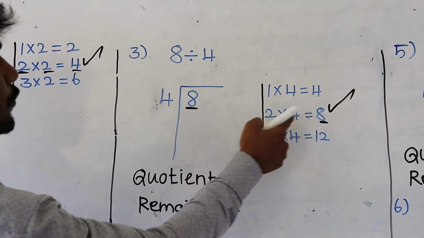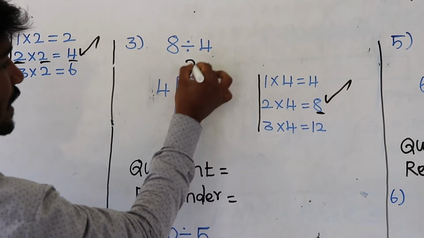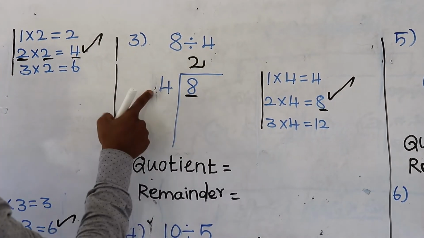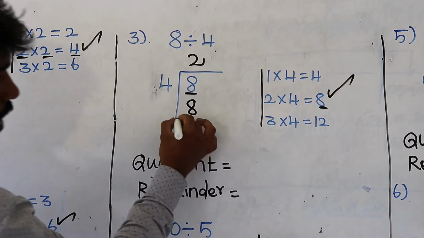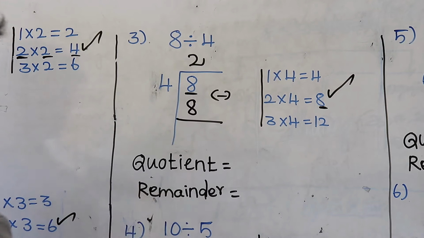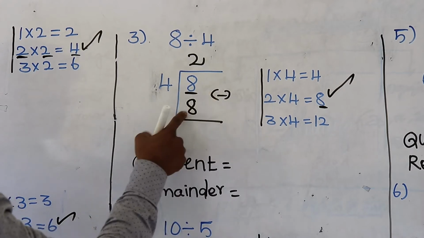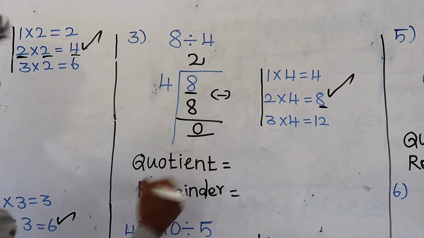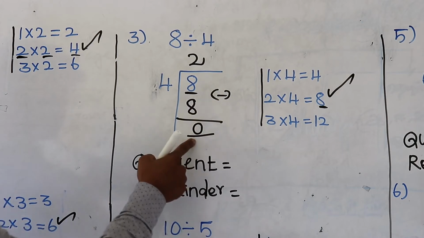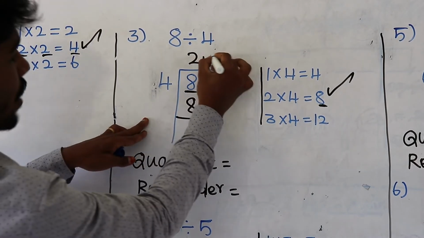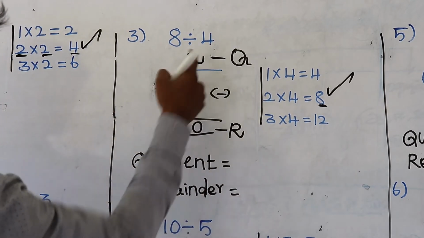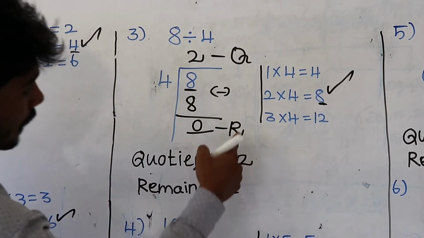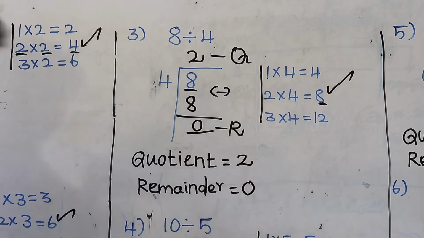So write 2 here. 2 4's are 8. Write 8 here downside. Now subtraction. 8 minus 8 is equal to 0. So this is the quotient value and this is the remainder value. Write quotient value 2, remainder value 0.